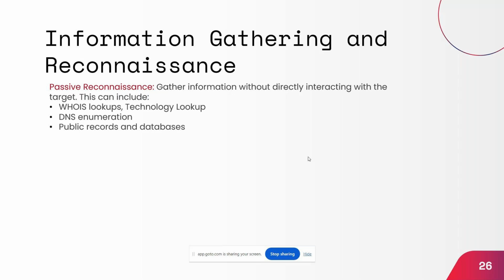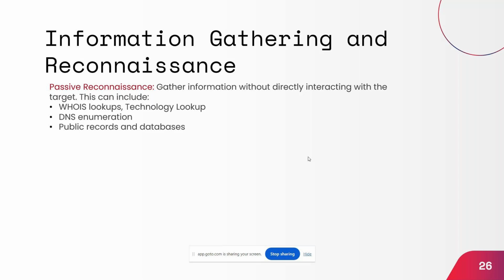It will give you all the domain-related information by querying the RIRs, the Regional Internet Registries. Of course, we will be looking at each and every topic in a practical way when we start with this information gathering phase. I'm just giving you high-level things over here.